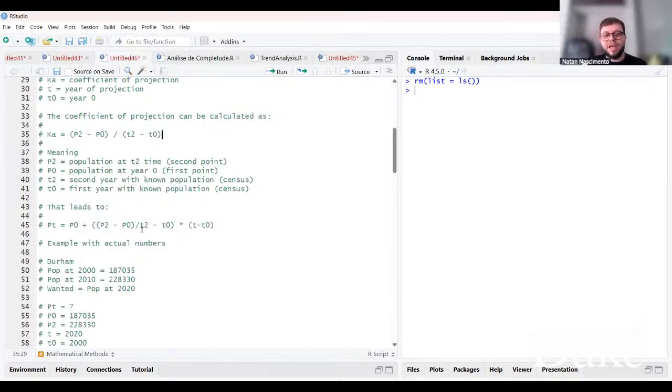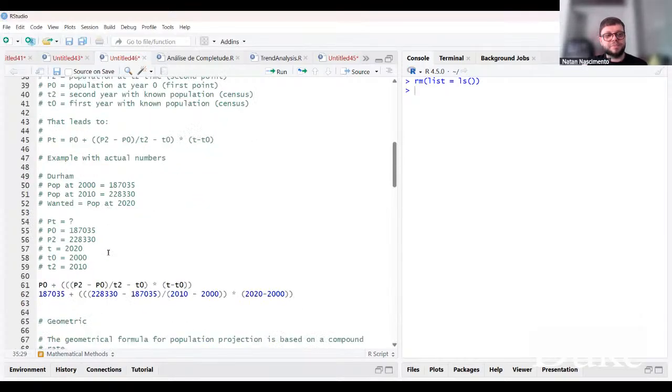Let's go to an actual number thing, because I think it's easier when we see with actual numbers than with the formula. I will use Durand's population. I got it from Wikipedia, so I'm assuming it's right. Durand's population at 2000 was 187,000. At 2010, it was 228,000. And I want the population at 2020.